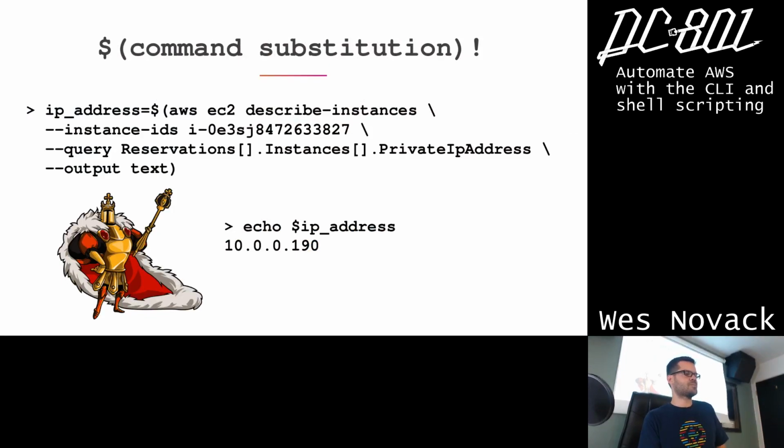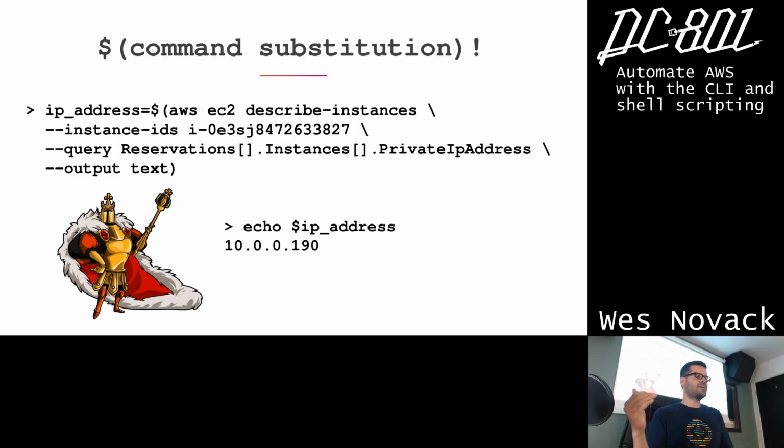Okay, so command substitution. This is essentially what I was just talking about. Here is an example of me setting a shell variable named IP_address, and then I'm doing command substitution using the $( ) syntax with bash, and I'm calling the aws ec2 describe-instances command. I'm specifying an instance ID.